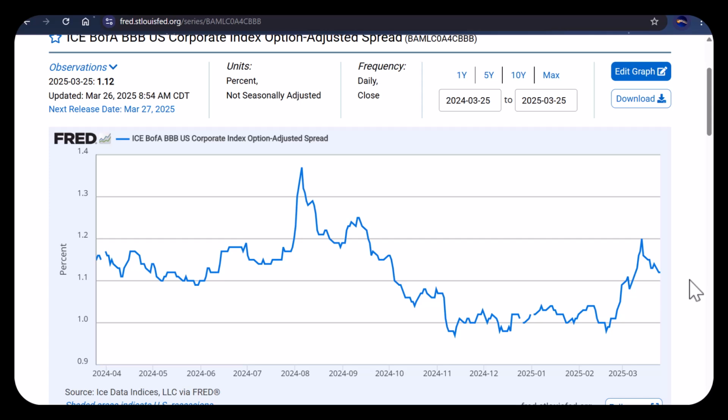For example, mutual funds can invest in them. Mid-February, it was 98 basis points. It went as high as 117. It's a little bit lower now. So market is concerned that whatever is happening, credit quality may be affected.